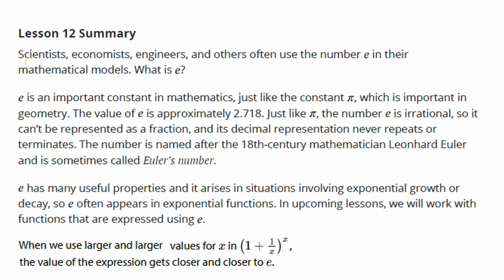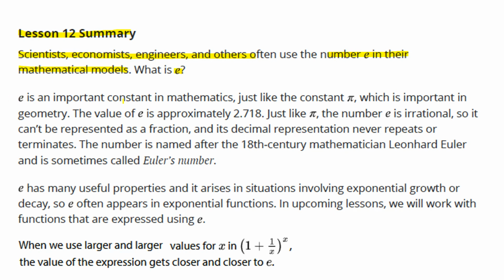Scientists, economists, engineers, and others, like mathematicians, often use the number e in their mathematical models. So the question is, what is e? So the letter e is not just a number that we use in math, but scientists, economists, engineers also use this number e. So e is an important constant in mathematics, just like the constant pi.